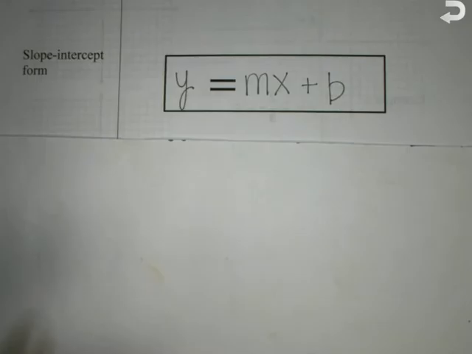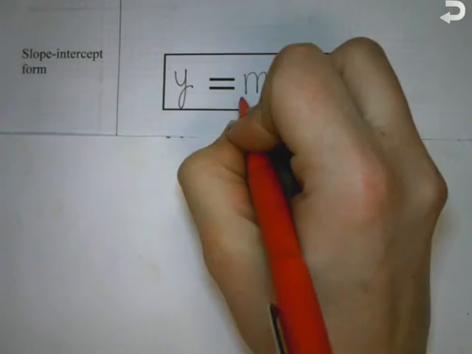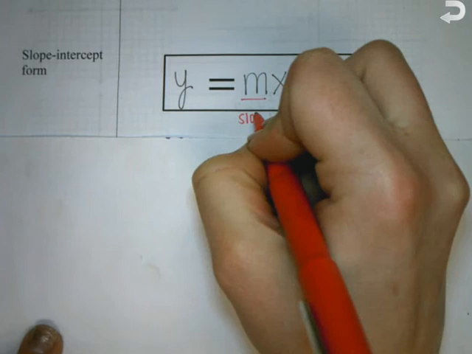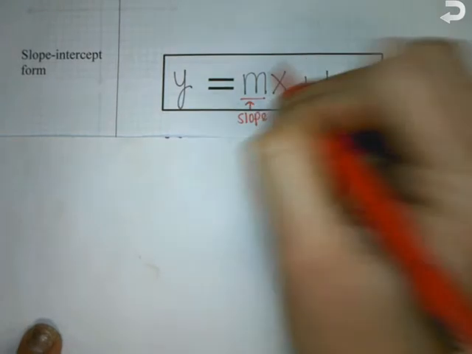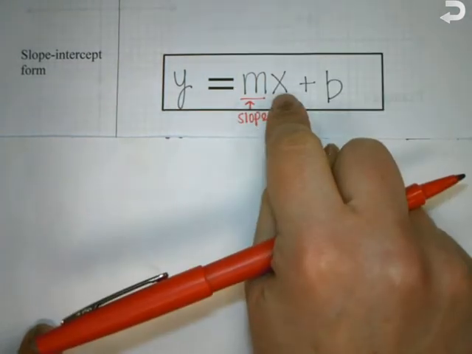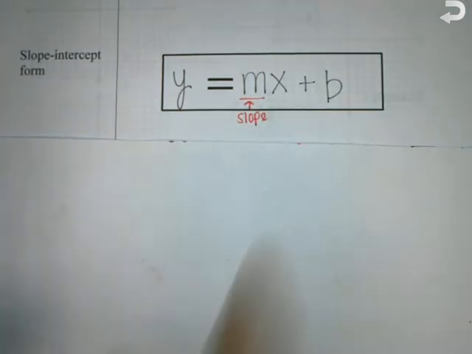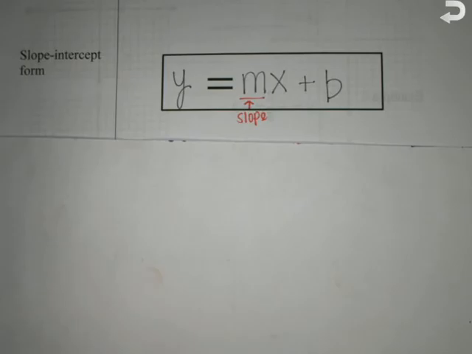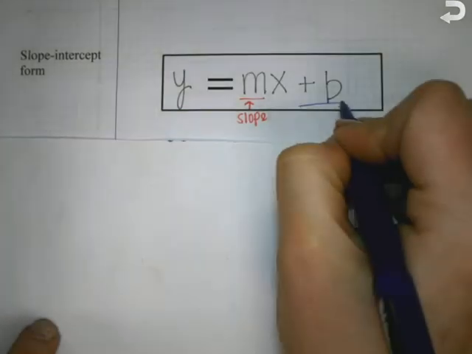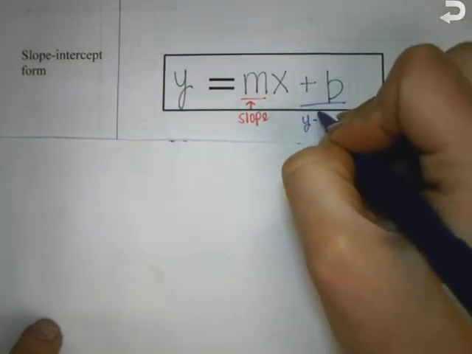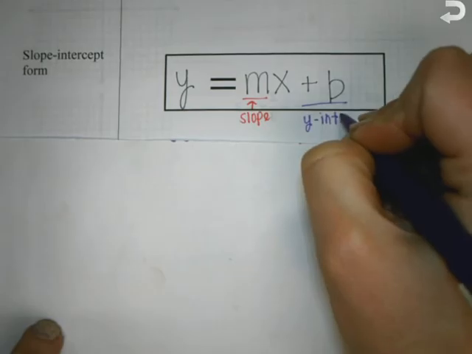So y equals mx plus b, and we're going to label each of the things. M is your slope, right? So whatever number is in front of the x, whatever is attached to the x, that's going to be your slope. And whatever number is being added or subtracted at the end, that is your y-intercept. Always in slope-intercept form.